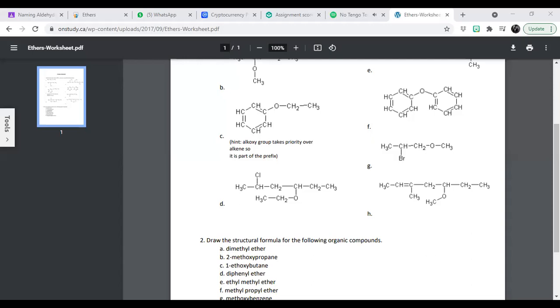Just wondering. Why did I? Yes, why did you number it from left to right? Because of the double bond. So the double bond is. Never mind, never mind. Just asking.